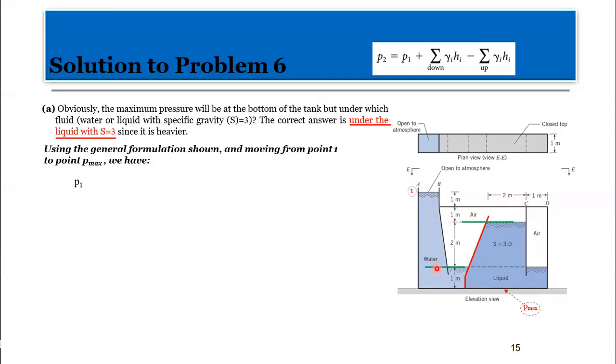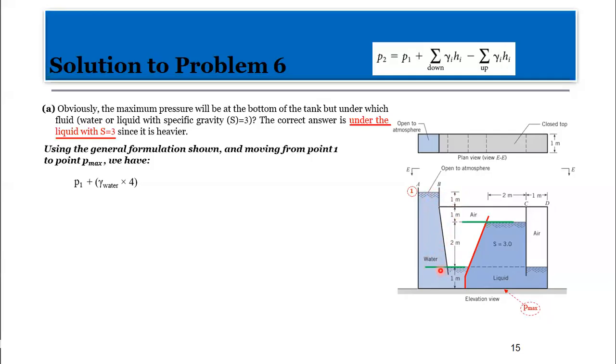So we have P1 plus gamma of water. What is the distance from here to this part? From here to here is 1. From here to here is another 1, so 2. And from here to here is 2, so 4. So all the way we are moving from this point to the point here. So gamma of water times 4.